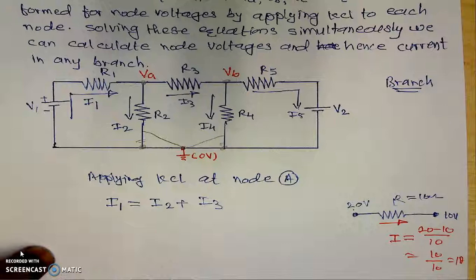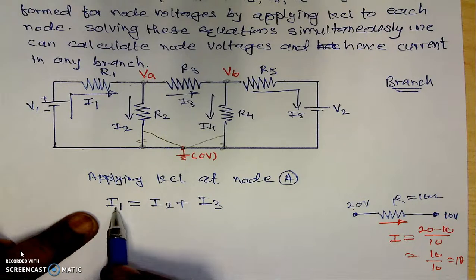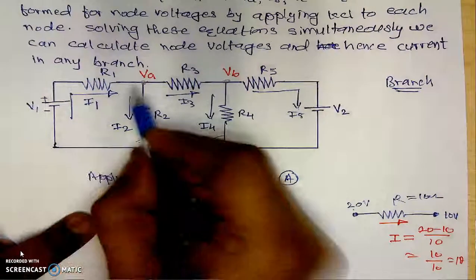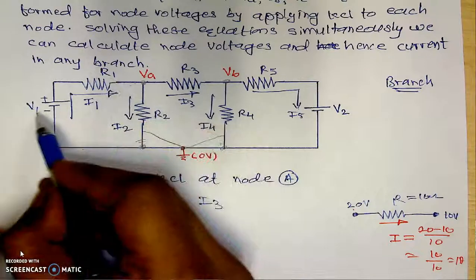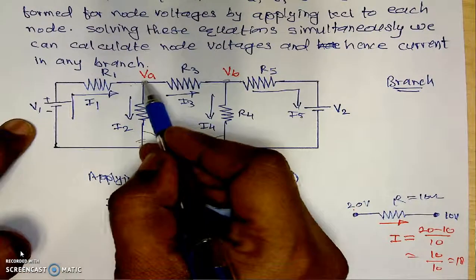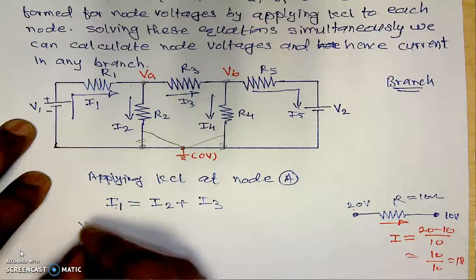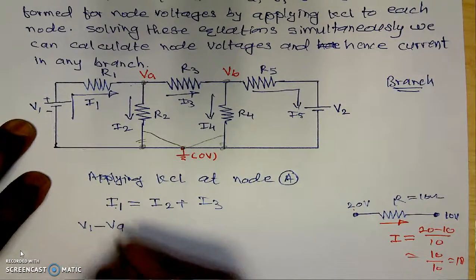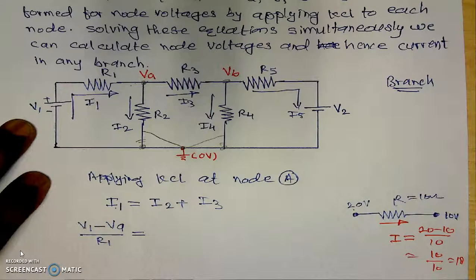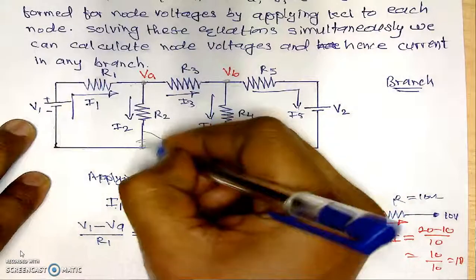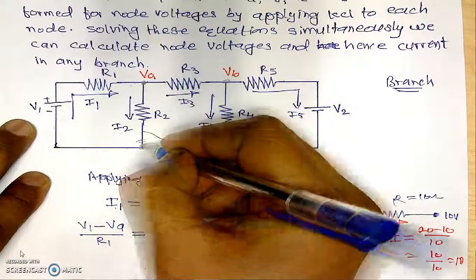Now here, if we are calculating the value of the current I1, I1 is the current in this branch. Here is the potential V1 and here is the potential VA. Means I1 will be V1 minus VA divided by its resistance, which is R1, which is equal to I2 plus I3. I2 is the current in this branch. Here is potential VA, here is potential 0.